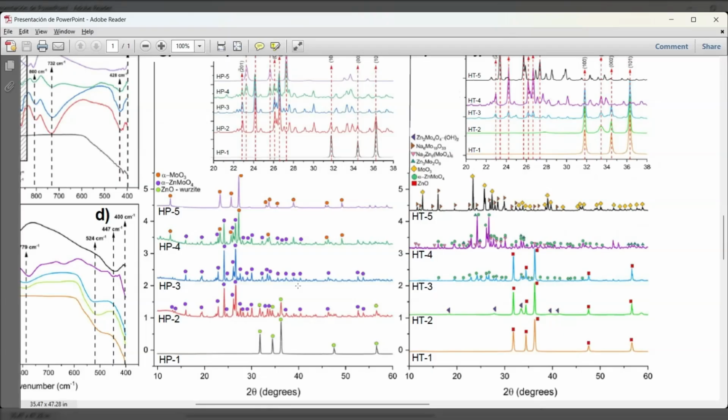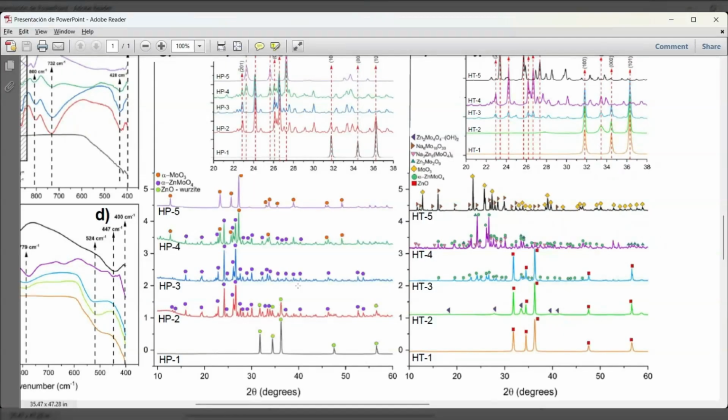The most important result is observed for HP3, where alpha zinc molybdate becomes the main crystalline phase with no significant diffraction peaks associated with zinc oxide or molybdenum oxide. This suggests that the 1-to-1 precursor ratio provides a favorable composition for the formation of zinc molybdate.